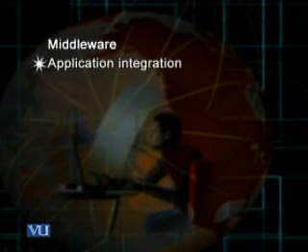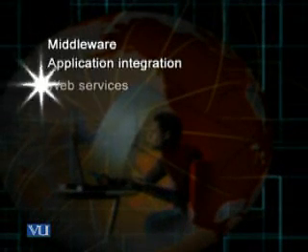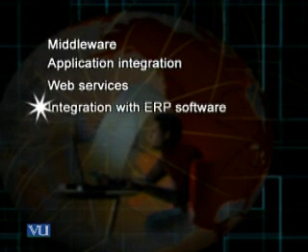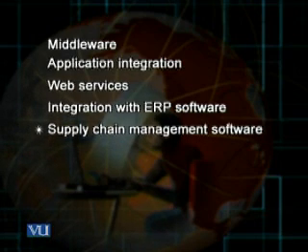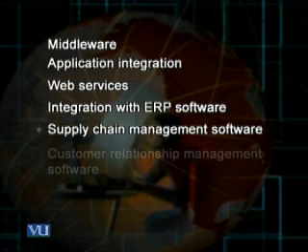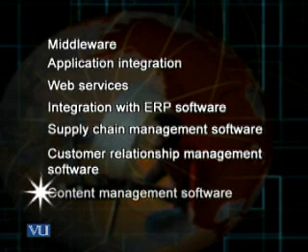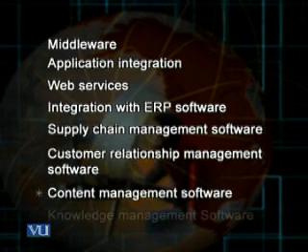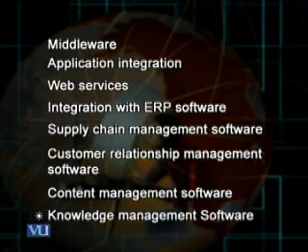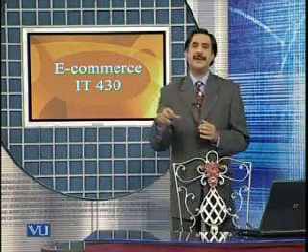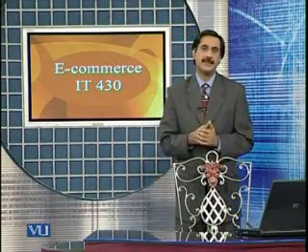Middleware, application integration, web services, integration with ERP software, supply chain management software, customer relationship management software, content management software, and knowledge management software. Let's analyze these factors one by one.